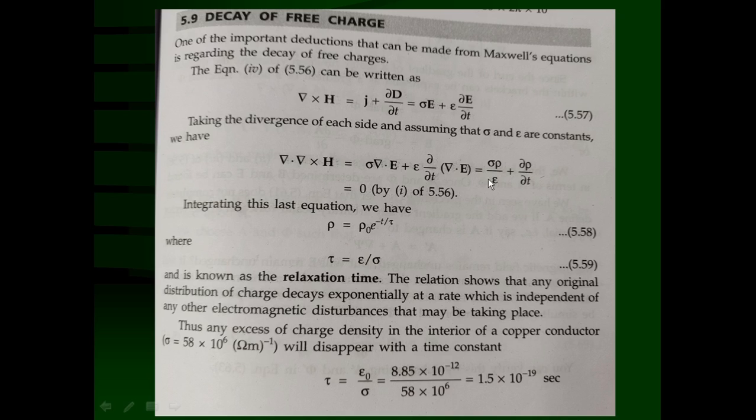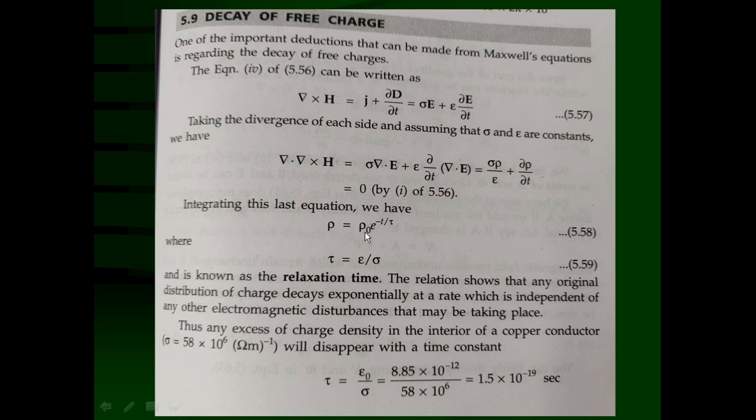This is a first order differential equation, and we can get its solution by integration. Because rho is a function of time, changing with respect to time, we can integrate with respect to time, and hence we get rho is equal to rho 0 e raised to minus t upon tau.